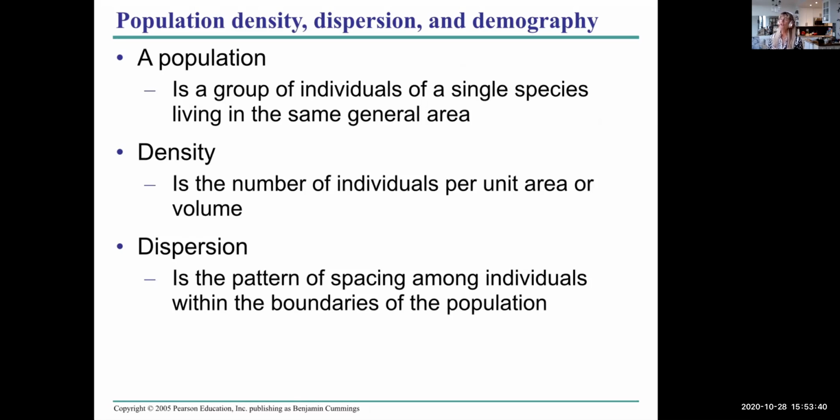You may decide you're studying a population in several different areas of the same species and consider that your population, but it's more common to study a population in the same geographic area. So that's what a population is. Density is the number of individuals per unit area, or volume if you're looking at aquatic systems. Dispersion is the pattern of spacing amongst individuals.